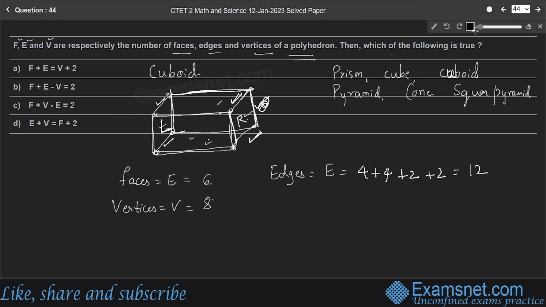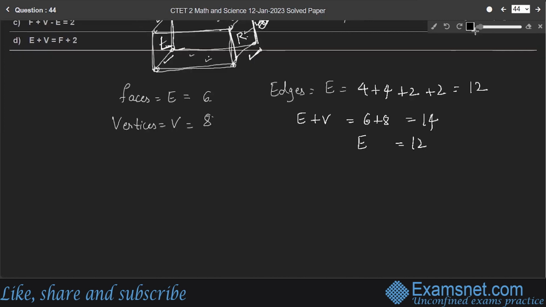There are 12 edges. What is the relation between them? The number of faces is 6. If you consider F plus V, you will get 6 plus 8, which is equal to 14. Whereas the number of edges is 12. Therefore, we can say F plus V minus 2 is the number of edges.